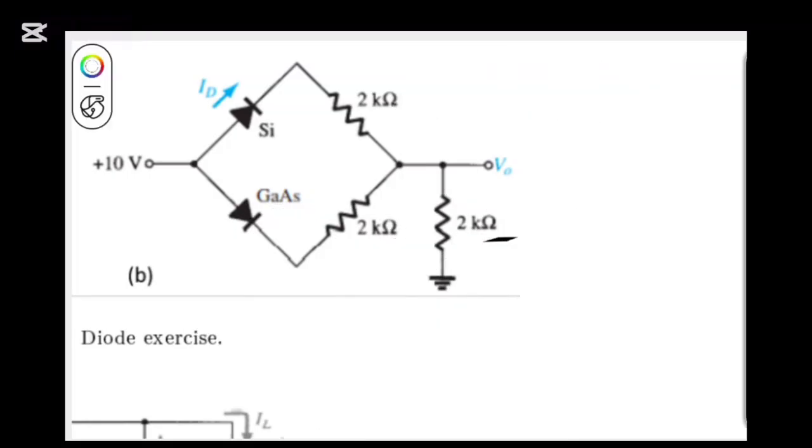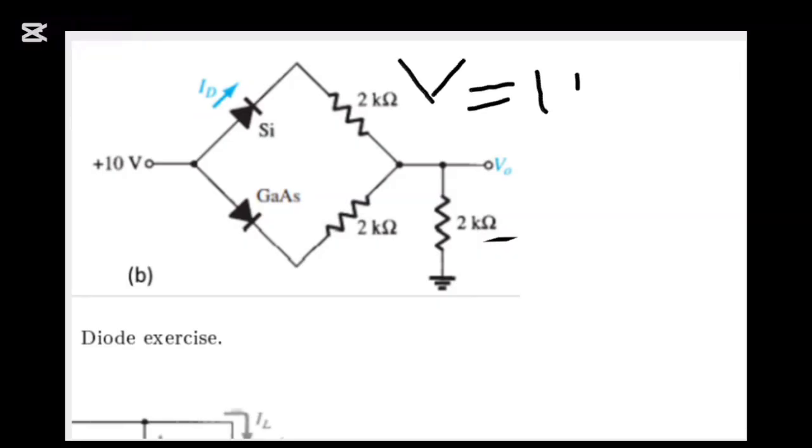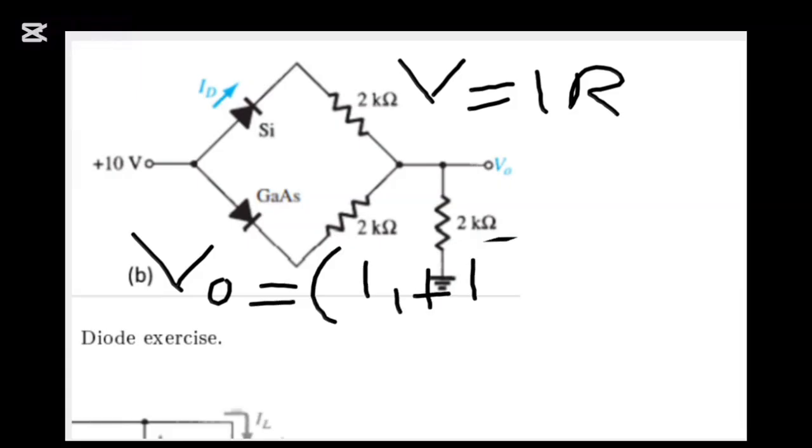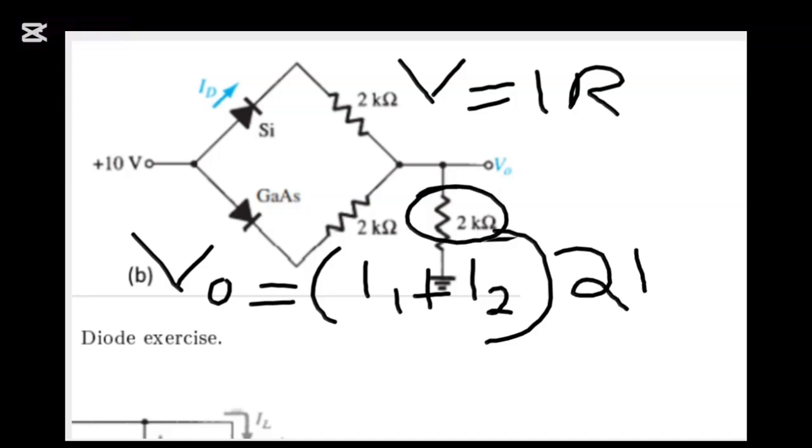As you can see, V is equal to IR. So V naught is equal to I1 plus I2 multiplied by this 2 kilo ohm.